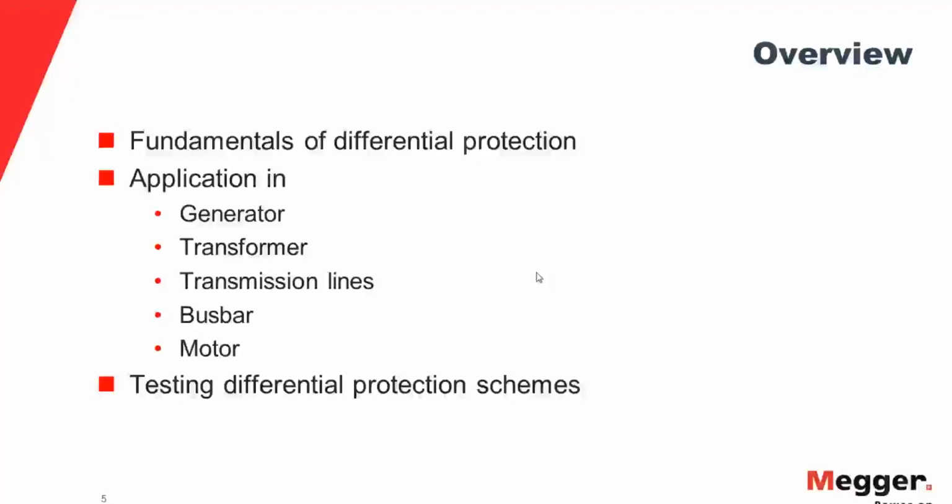The second section is where I talk about how we use the differential protection idea in protecting different assets of the power system, like generators, transformers, transmission lines, motors, bus bars, reactors, whatever it is. The third section I want to focus on is how we test or validate the schemes that we implement to protect transformers, per se.